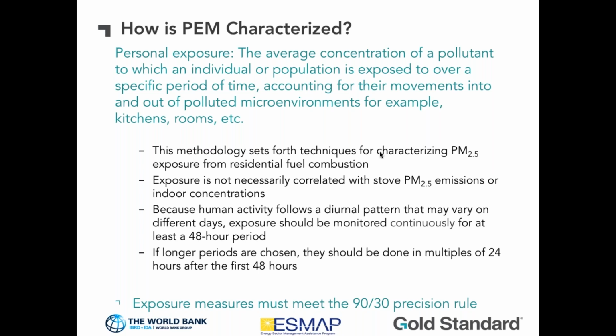All the exposure monitoring as per the methodology should meet 90-30 precision criteria. We have designed an Excel tool where you can input your baseline and project exposure data, and this Excel tool will check for you whether you are meeting 90-30 precision or not. Next slide.